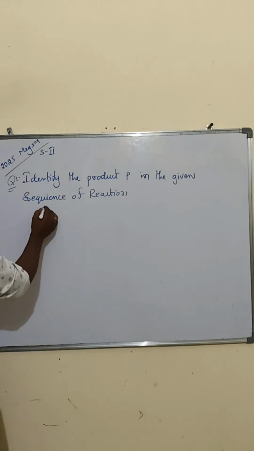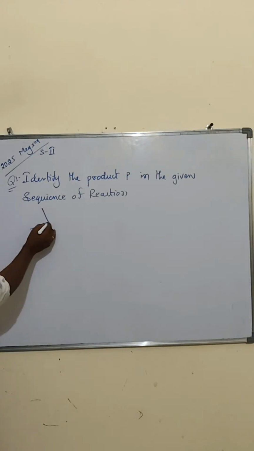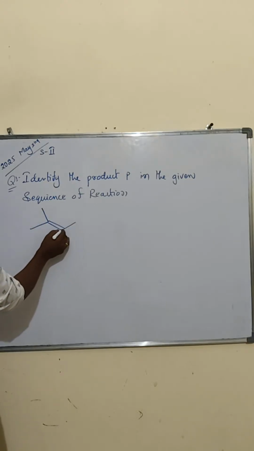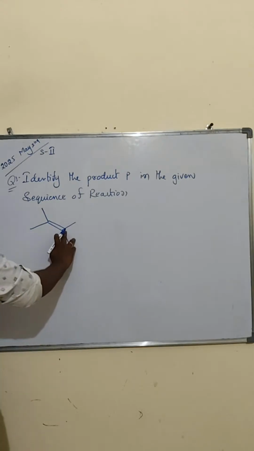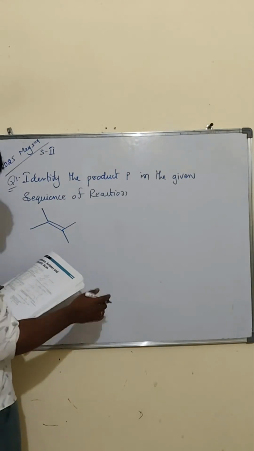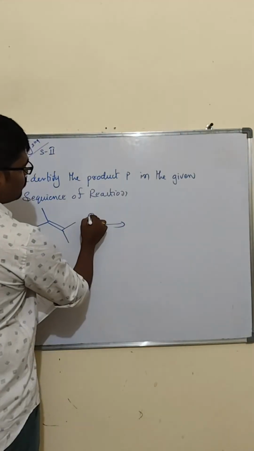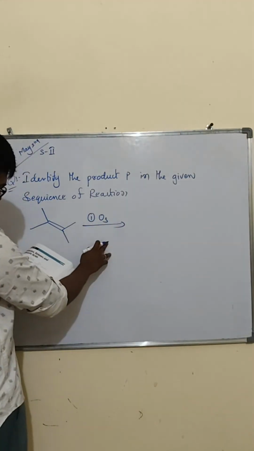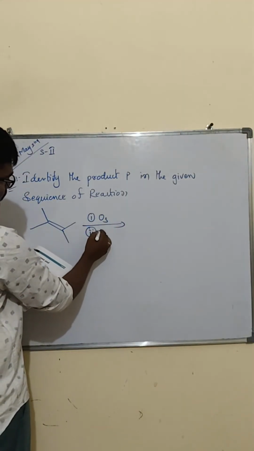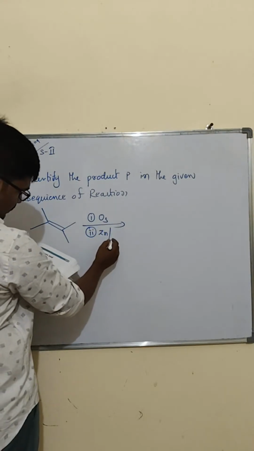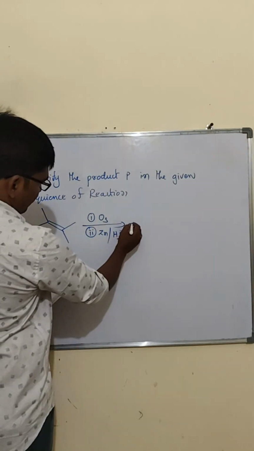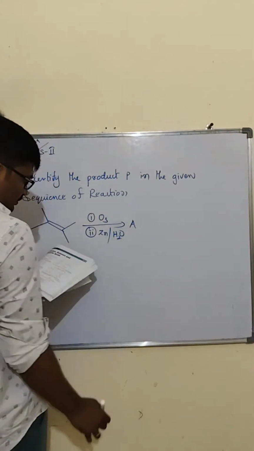Then a double bond like this is there, in between them a double bond is there. So the first step is reaction with O3. Then the second is zinc metal with H2O. Then what will be formed? A will be formed.